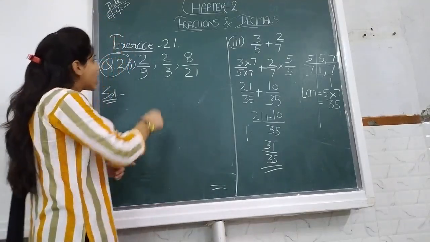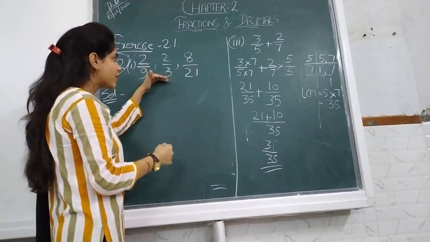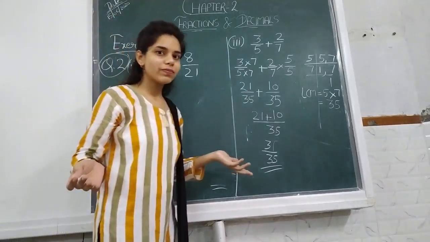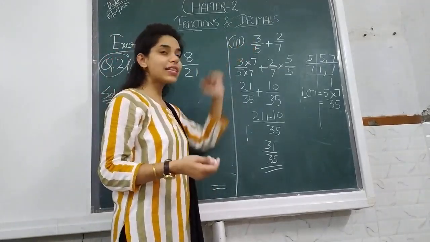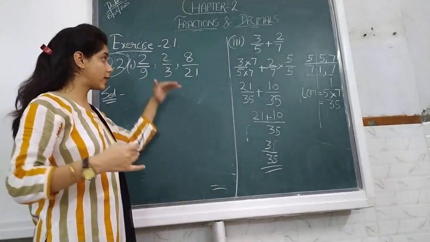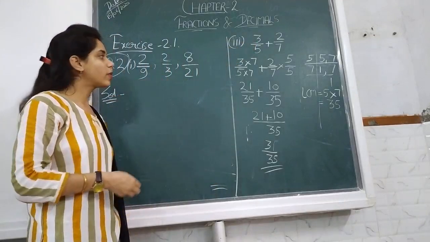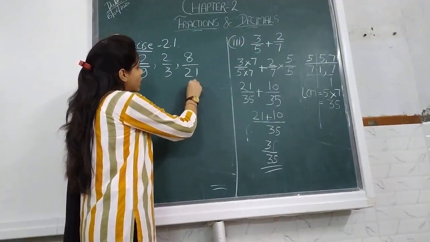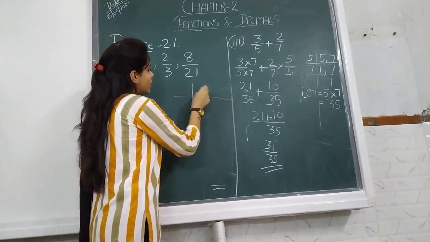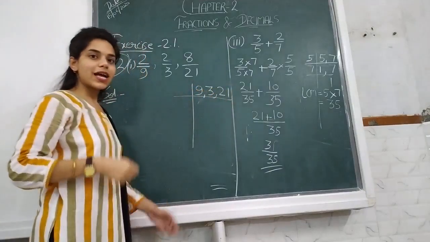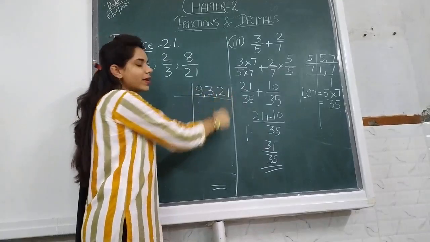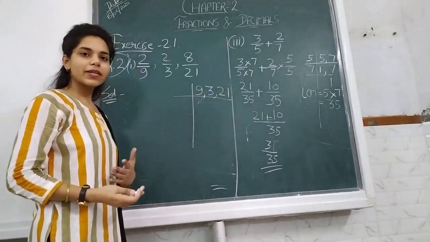Got it? Now to make them like fractions, what can we do? Yes, we can take their LCM. We can make their denominators equal. LCM of 9, 3 and 21: start with 3 because there is no even number, so we can't start with 2.